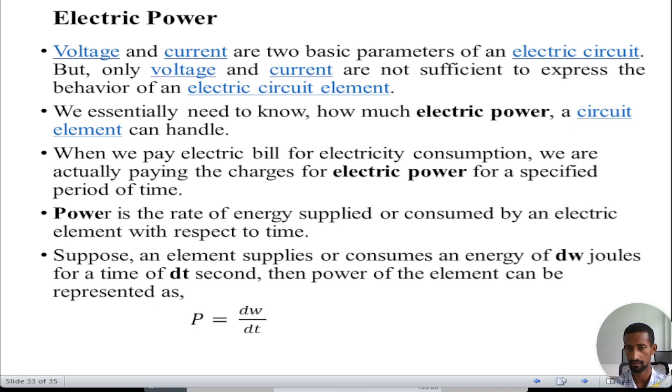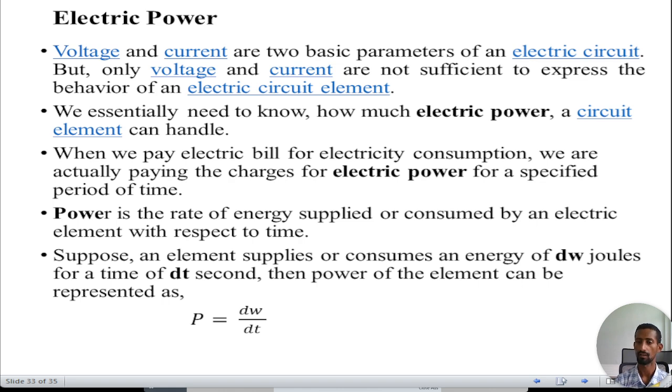We may have different circuit elements, so we essentially need to know how much electric power a circuit element can handle. When you pay an electric bill for electricity consumption, we are actually paying the charge for electrical power for a specified period of time.